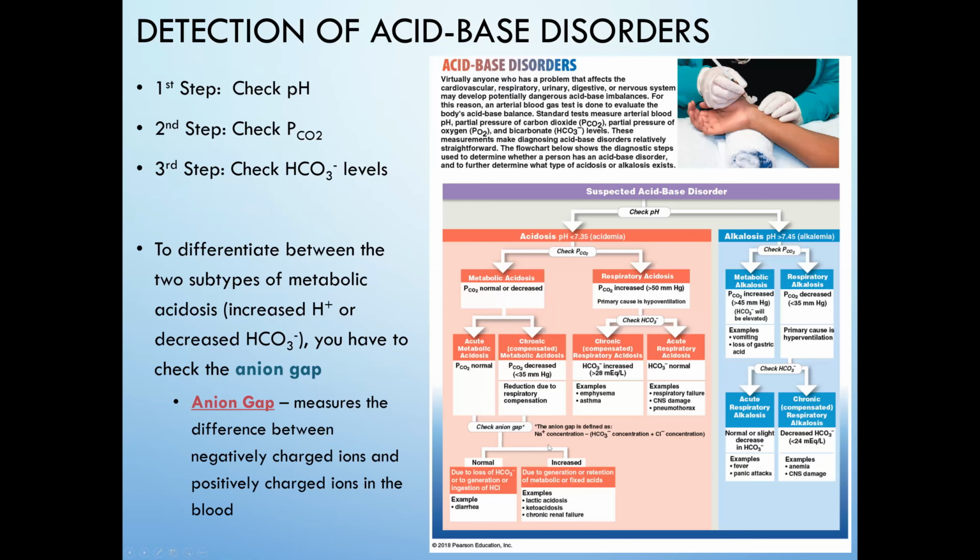The anion gap is a measure of the difference between negatively charged ions and positively charged ions in the blood. If you want practice in figuring out which type of acid-base disorder a particular case is, we're going to do some of those in the in-class worksheet that accompanies this chapter.